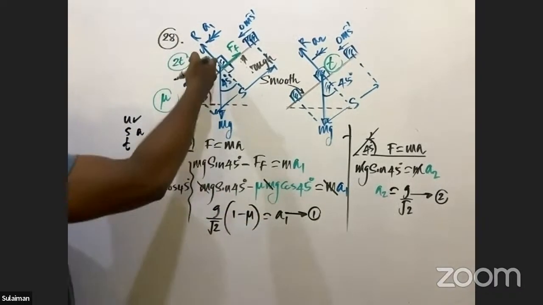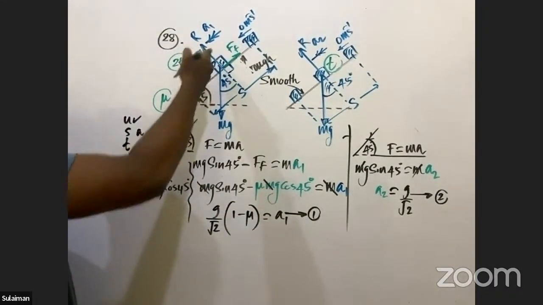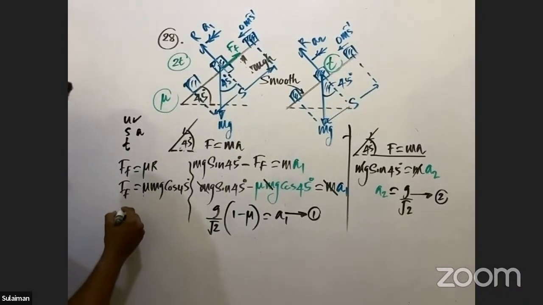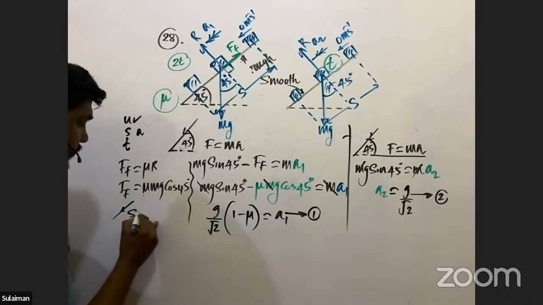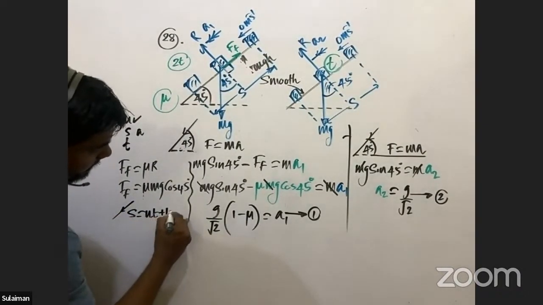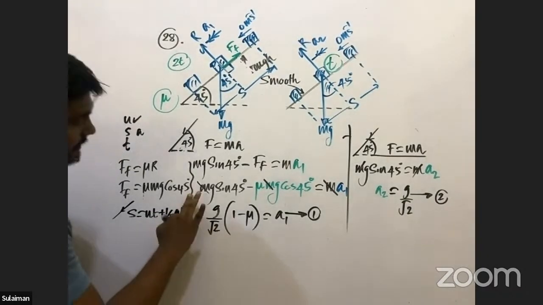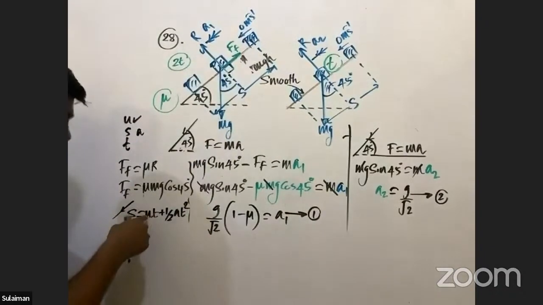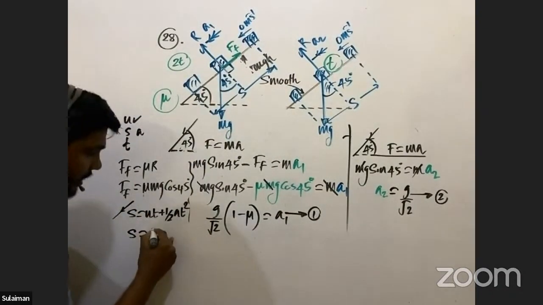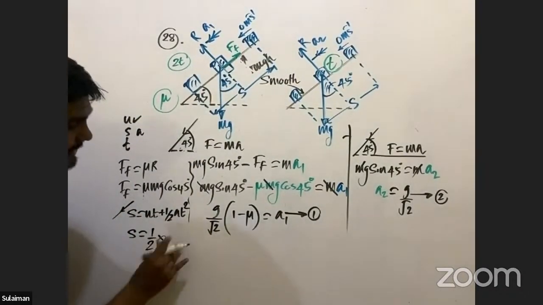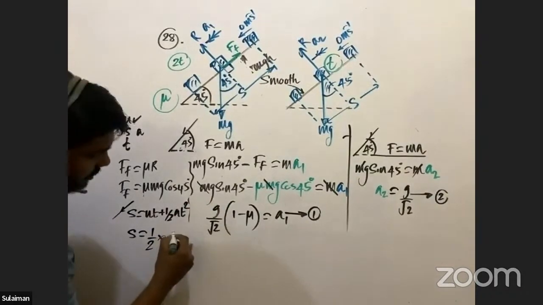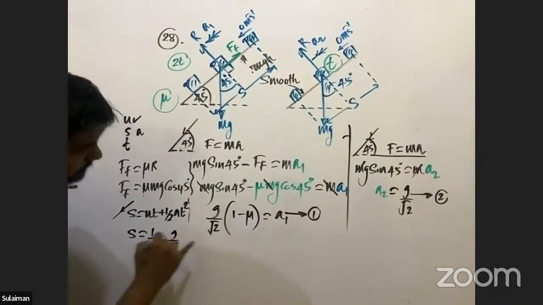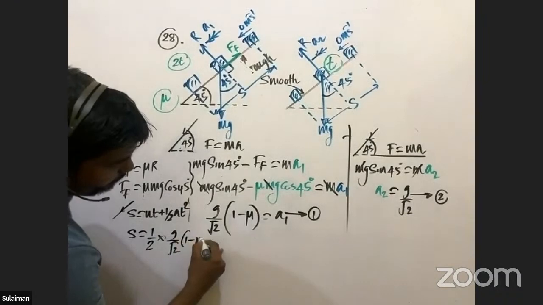Mu. So if I apply S equals ut plus half at squared in this direction, displacement is S, initial velocity is 0, so the entire ut term becomes 0. Half acceleration, I found g over root 2 times 1 minus mu.